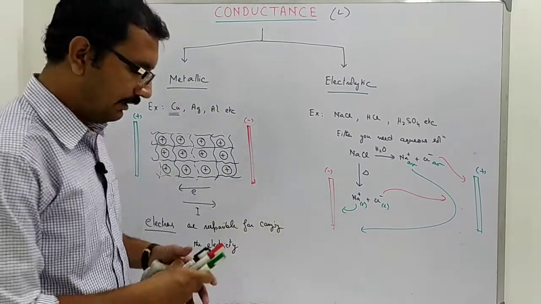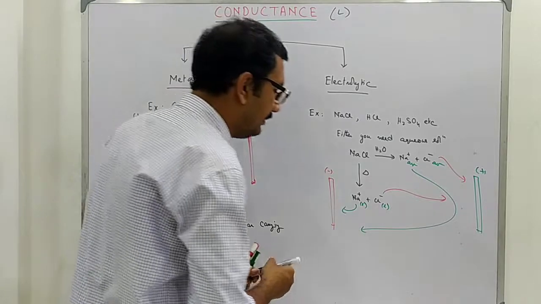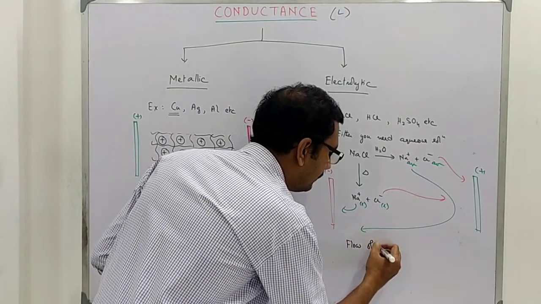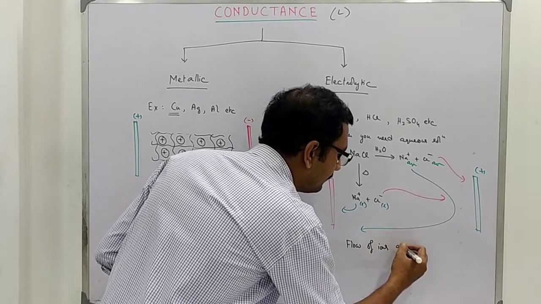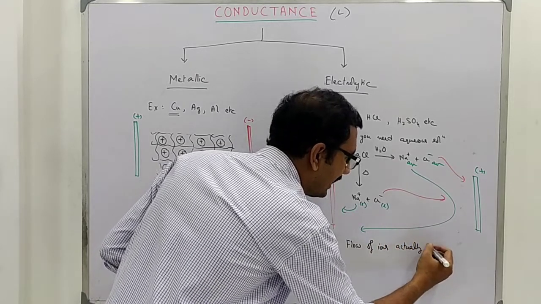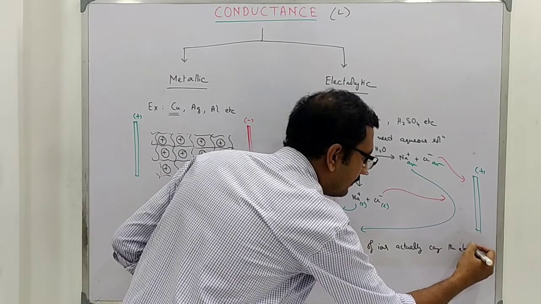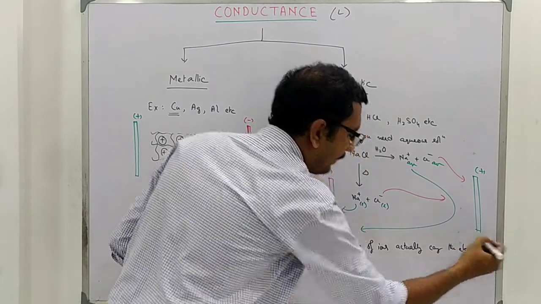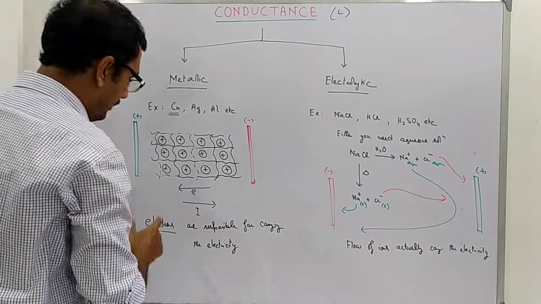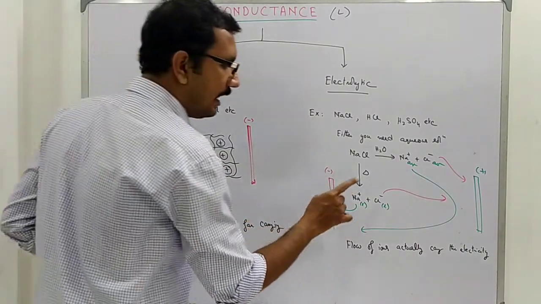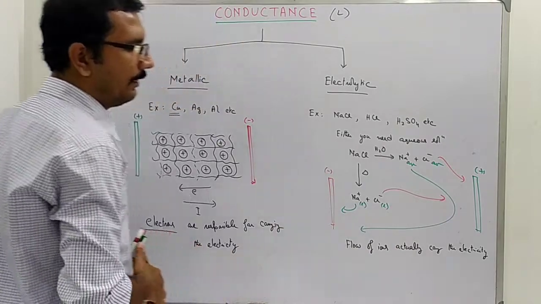So, here the flow of ions actually carries the electricity. So, here free electrons carry the electricity, and here the ions carry the electricity.